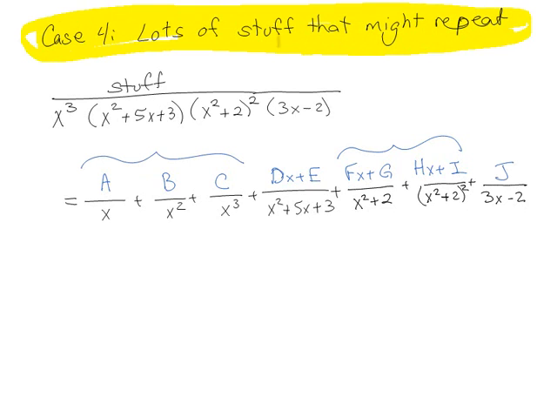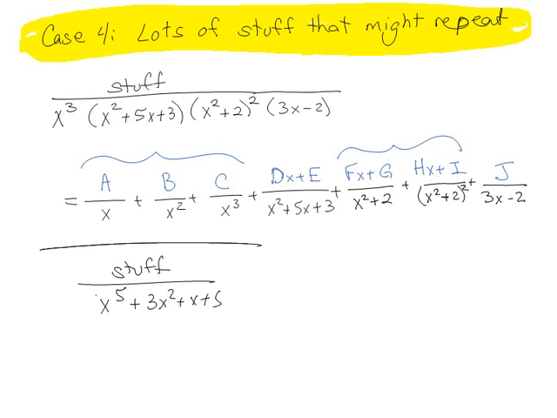I don't think I've ever done this in a classroom, but if you're wondering, if you did get something with stuff on the top, like x to the 5th plus 3x squared plus x plus 5 times something like that, the 3x plus 1 would still have the constant on top of it.